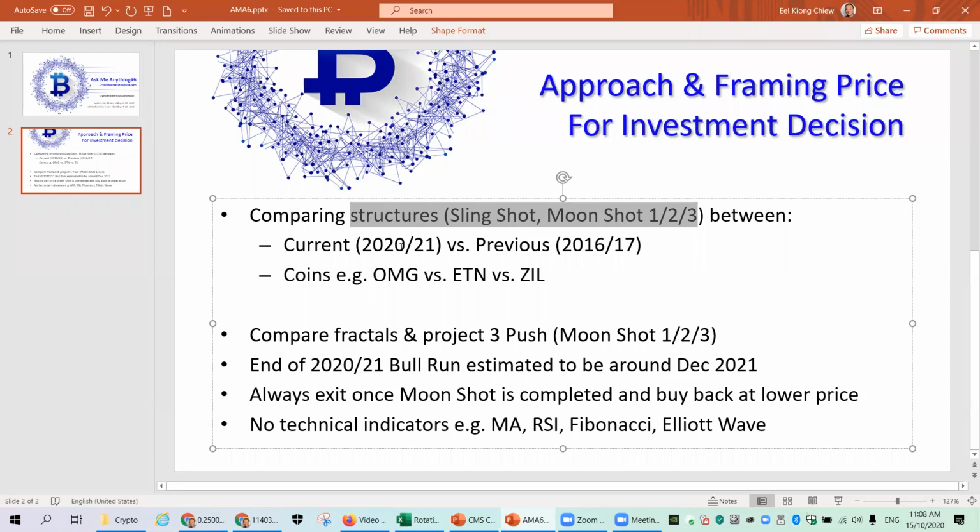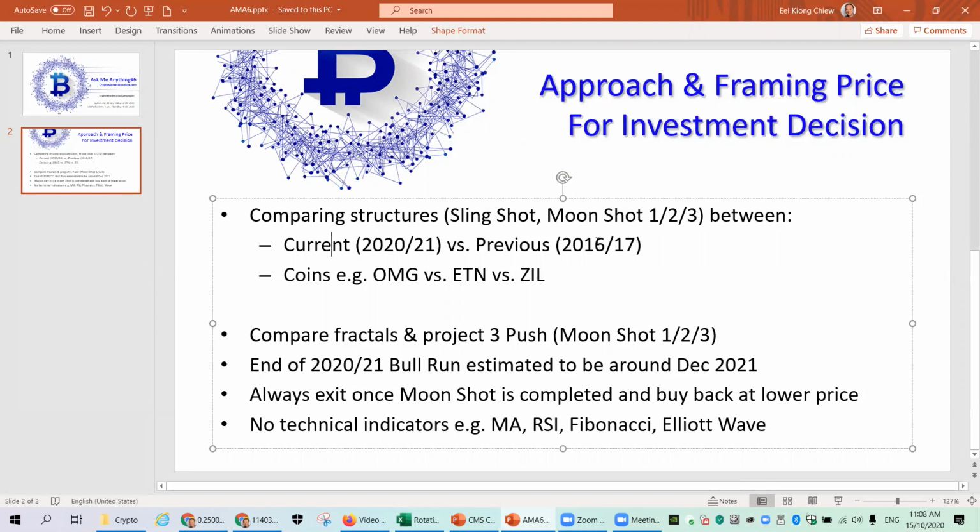Now, sometimes you see me comparing current structure against previous structures, like the one now versus the one before. And you might be wondering, how can you compare the previous one and the current one? Well, that's because history repeats or rhymes. And because of that, you see that the structures do repeat themselves.